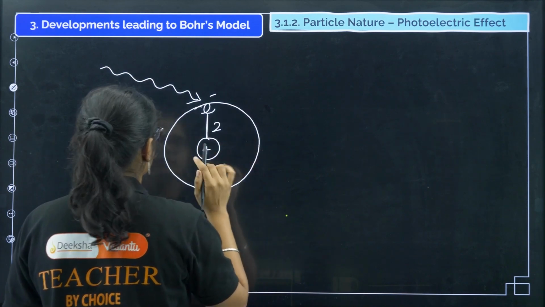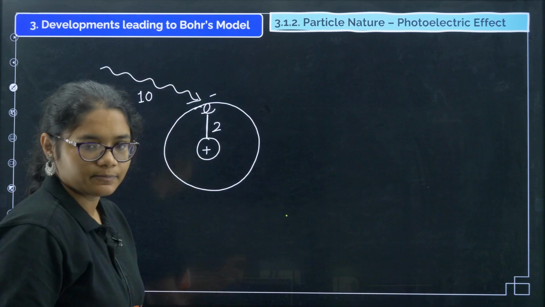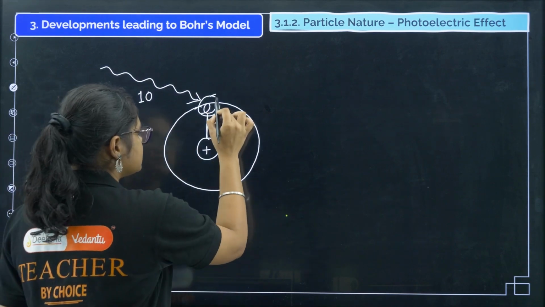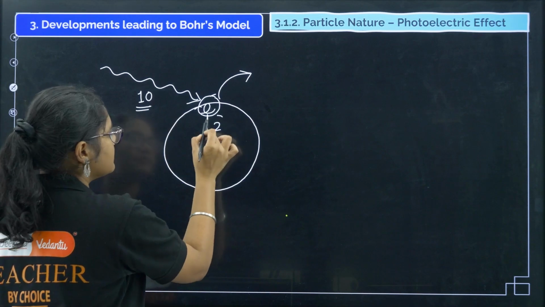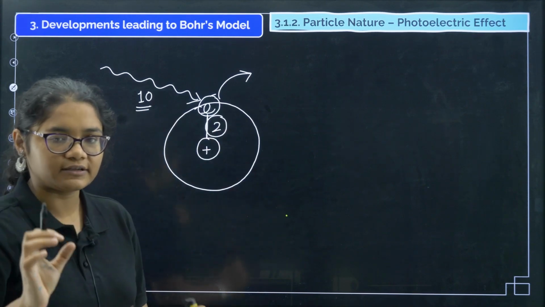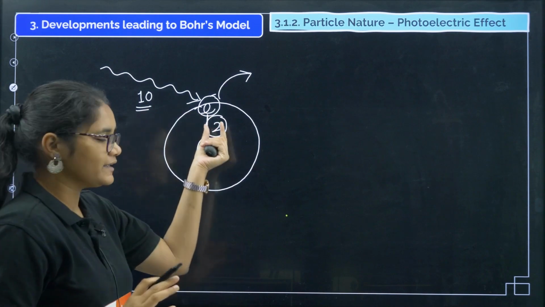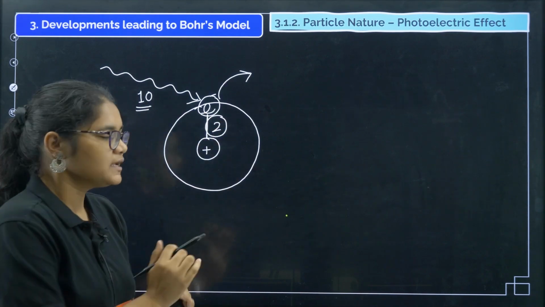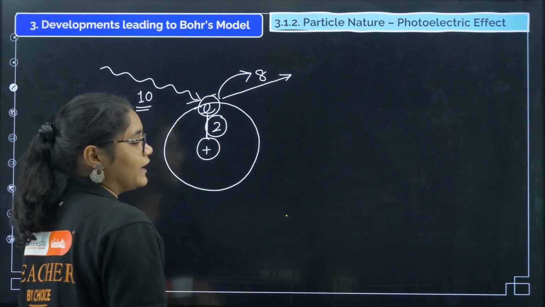I'm just taking a number 2, and the energy of this radiation is 10. What will happen? First this electron will come out. For that, out of this 10, how much will be utilized? 2 units of energy will be utilized. The rest energy is 8 units, so this electron will move after coming out with 8 units of energy.